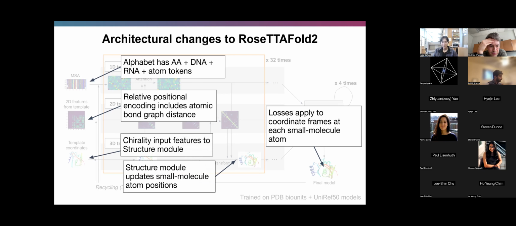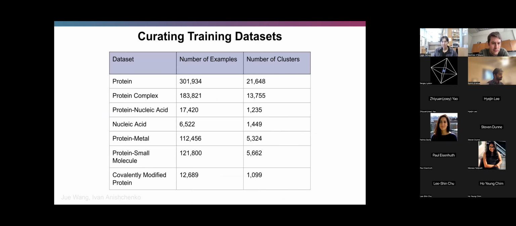And this also, at this point, we're still underspecified, because you don't know the chirality of the molecule. So you need to provide the chirality as input features at some point in this network. And you can think the 1D and 2D representations are actually invariant to chirality. Your distances are going to be the same in either chirality. So you need to provide this bias via the 3D features.